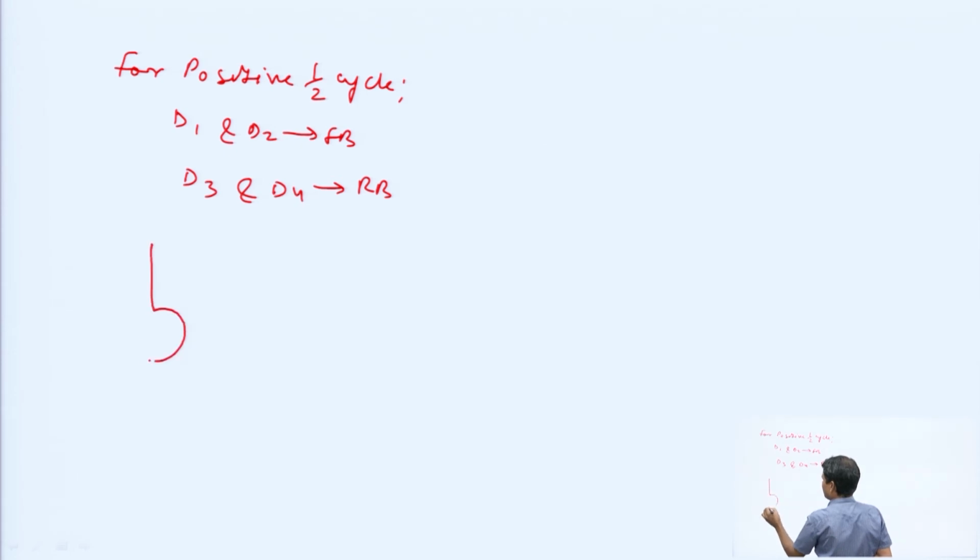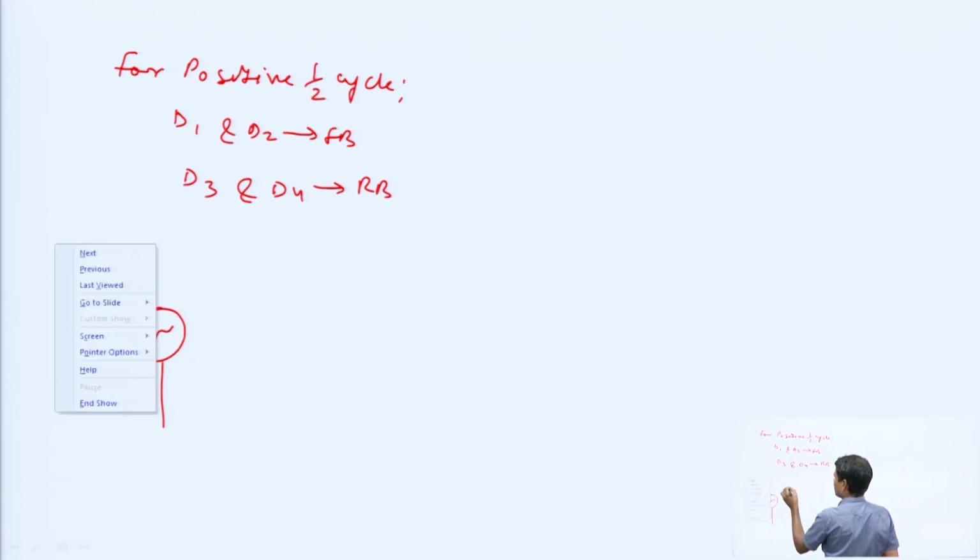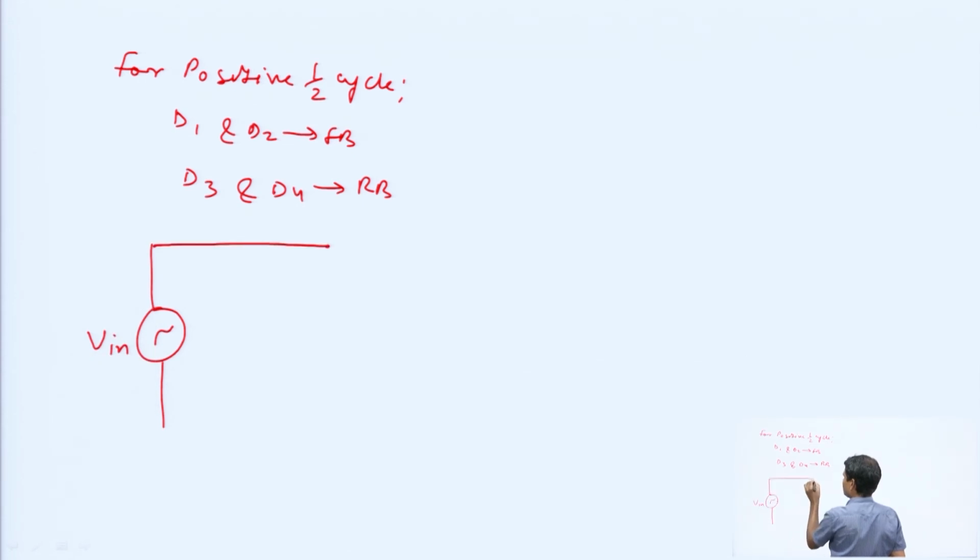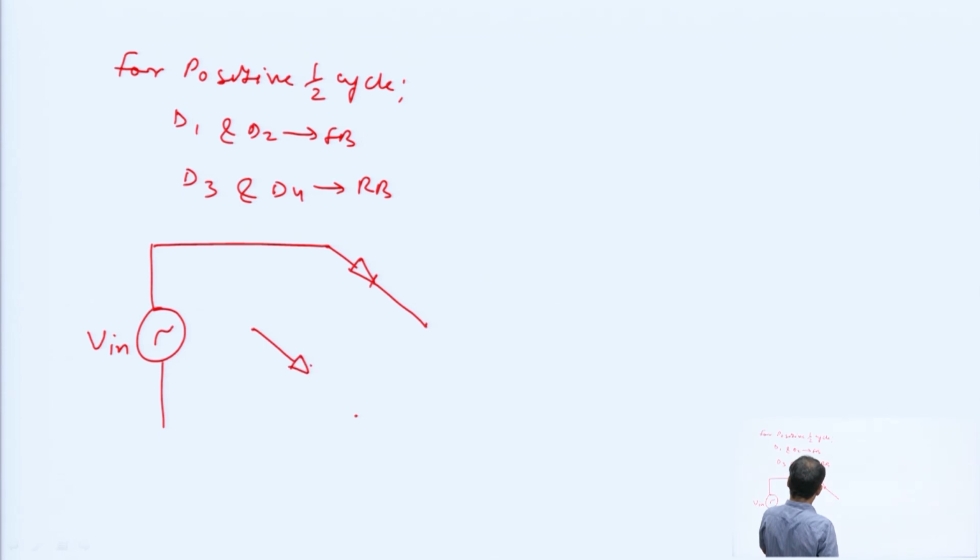Simply I take the AC signal, this is the secondary voltage, for the rectifier it is the input. Now, there are 4 points, the parallel diodes are in forward bias. This means these two diodes are in forward bias.